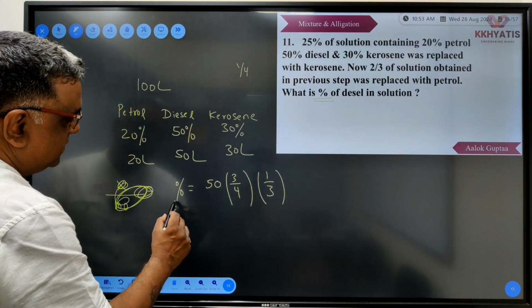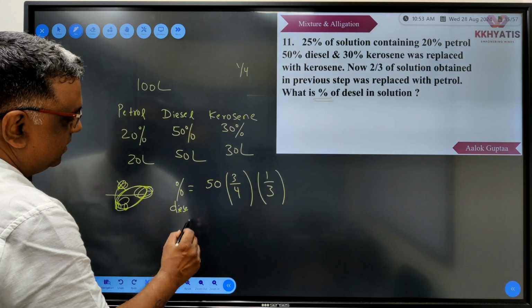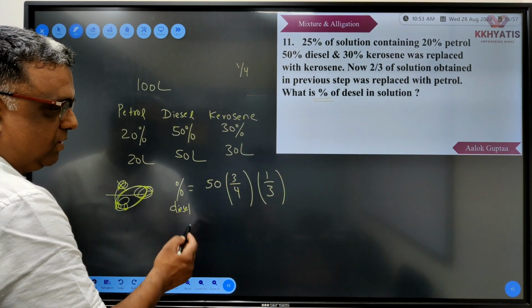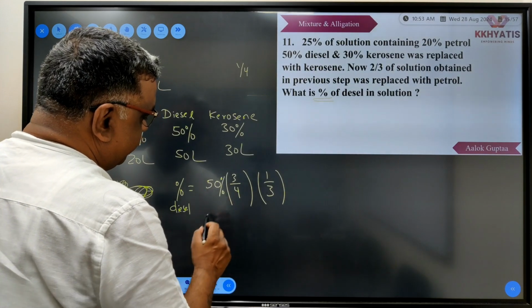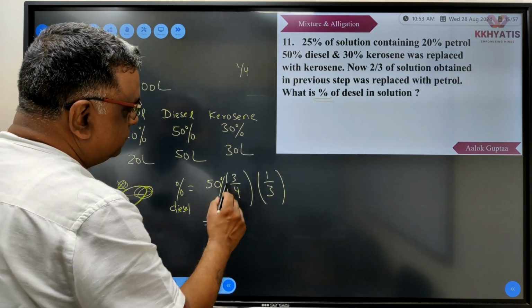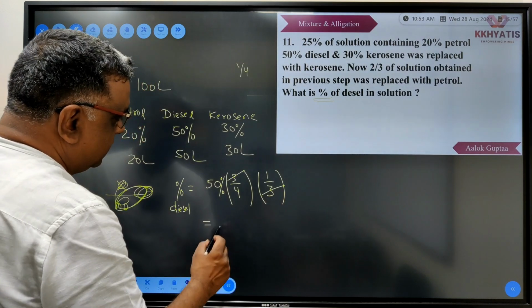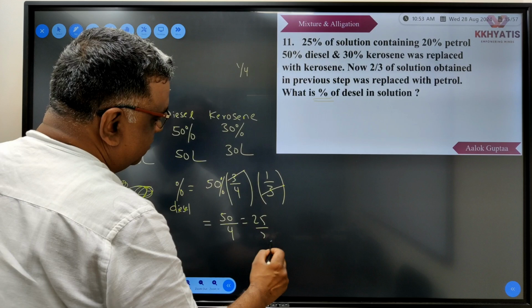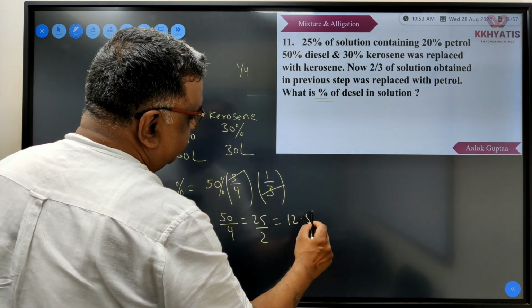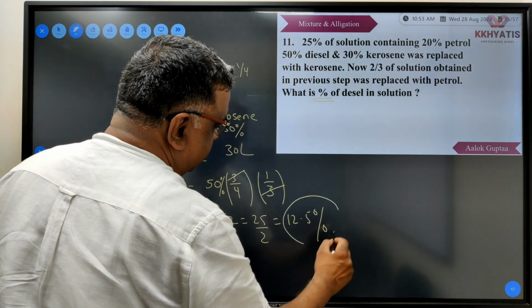So the percentage of diesel in the final solution is going to be, because the total initial quantity in both cases is 100, so I am just taking percentage terms only. So 3 will get cut with 3, 50 upon 4, 25 upon 2, 12.5% of diesel is left finally.